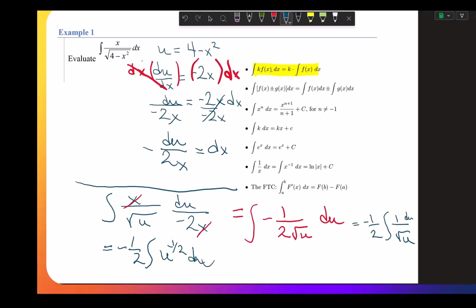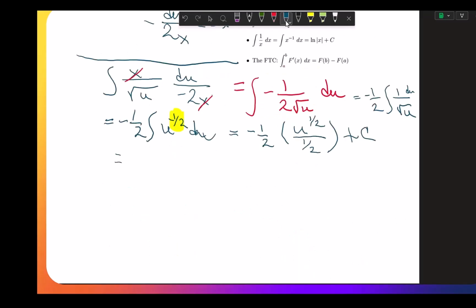I know how to integrate this. I use the power rule. It says n can't be negative 1, but our n is negative 1/2. Therefore, this is equal to negative 1/2 times u to the minus 1/2. I add 1, and it becomes u to the positive 1/2, divided by 1/2, plus some constant.